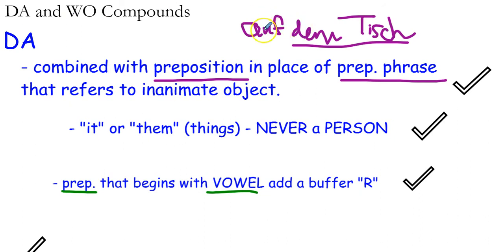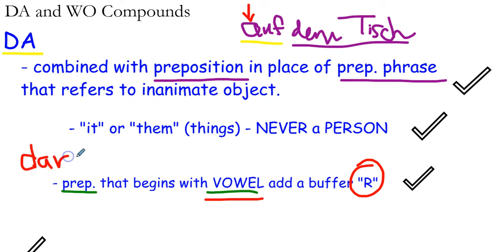I will take the preposition auf and combine it with da. Now, because auf begins with an A and an A is a vowel, we have to add a buffer R. So if I said, mein Buch ist auf dem Tisch, my book is on the table, I can say, mein Buch ist darauf.